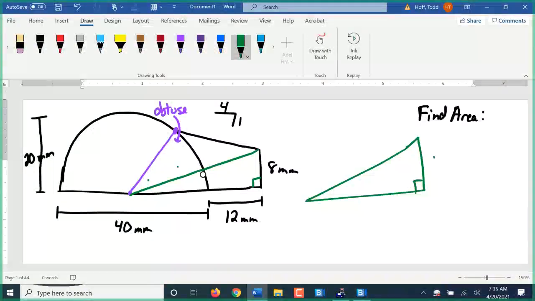Of course, this leg here is the 8 millimeters. What's this leg down here going to be? 32. Perfect. Yes. Half of the 40 makes it 20 here, plus the 12 is 32. Good. That's 32 millimeters.